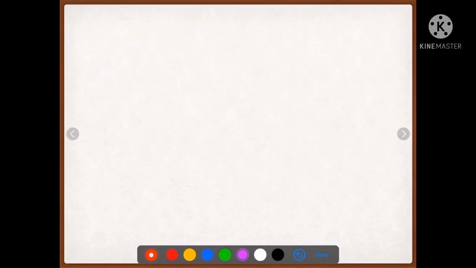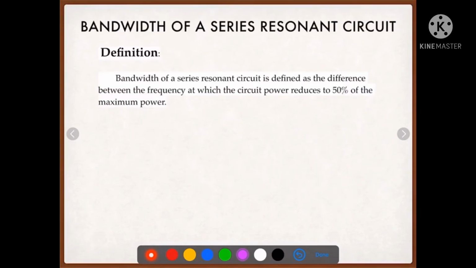Okay, so there is one more thing which is important, that is the relation between the bandwidth. First we will understand what is bandwidth, then we'll come to the relation between the bandwidth, selectivity, Q factor and resonant frequency. Bandwidth is the range of frequency for which the circuit will perform its work.